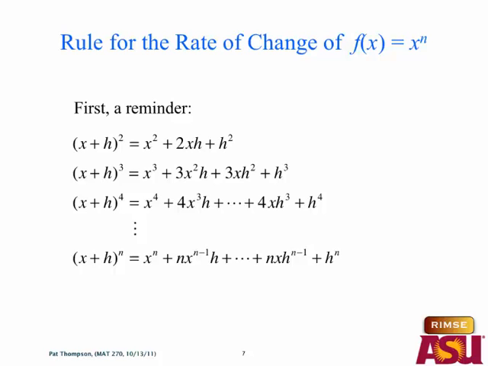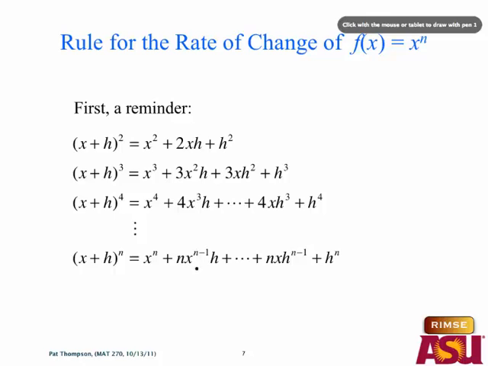Look, the first term is always x to the n, and the last one is always h to the n. Then you're going to have a term where x is one less power and h is one greater power. As you move this way, in each term, the power of x goes down one and the power of h goes up one. So you have every combination of power of x and power of h that sum up to n.